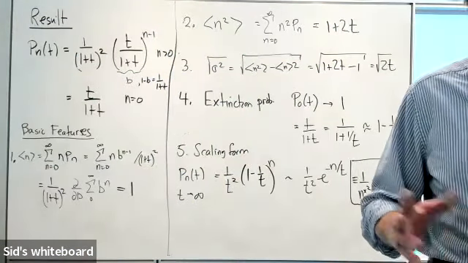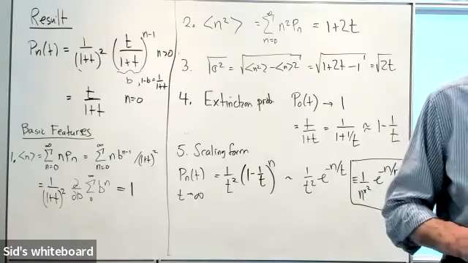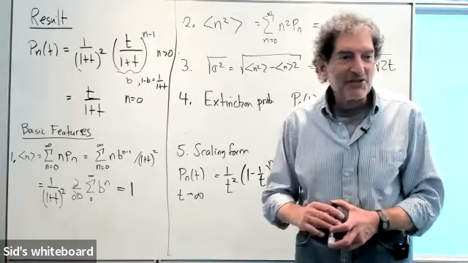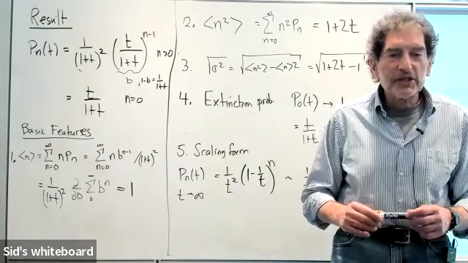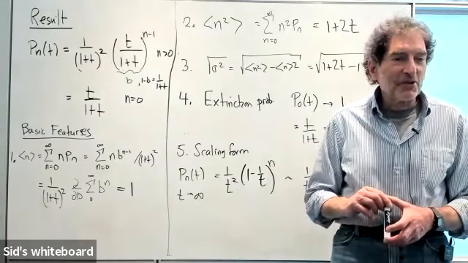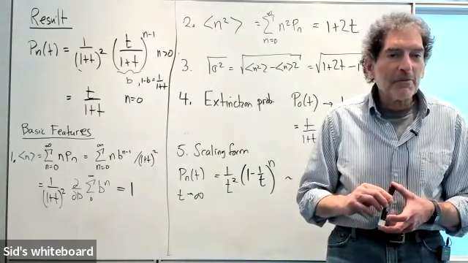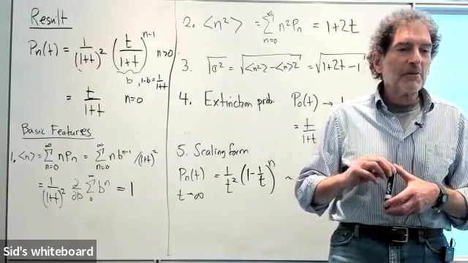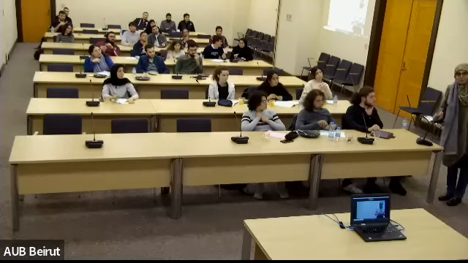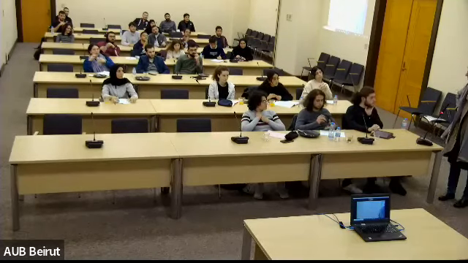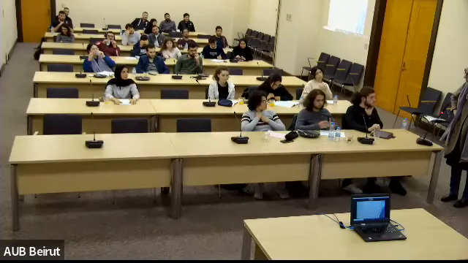So I'm done for today. I can stop and ask if there are any questions, and otherwise, tomorrow at the same time. I'm asking if they have questions, and I think they don't.